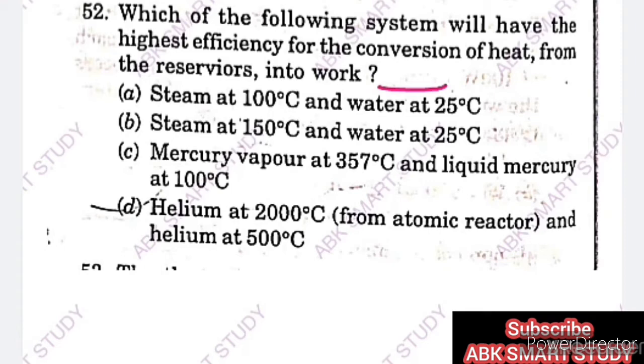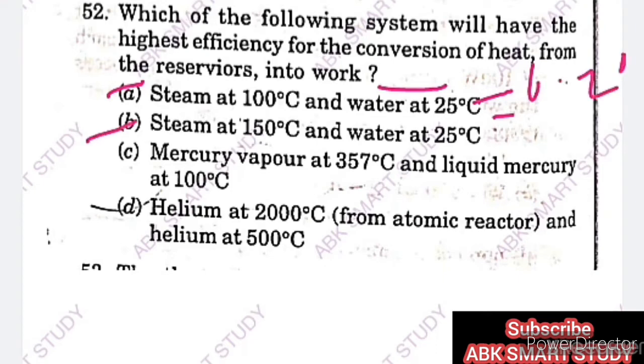So here first of all we convert this temperature into Kelvin, that is the first option's temperatures become 373 and 298. So using Carnot efficiency we have T1 minus T2 upon T1. So by calculating this we get efficiency equal to 0.20.